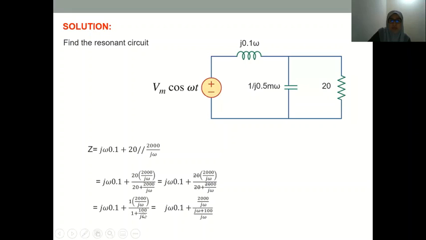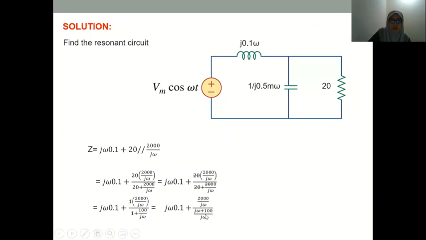Then you can cancel 20, and it will give you 1 plus 100 divided by j omega. You make it small by dividing all this term by 20. So you will get 2000 divided by j omega, divided by 1 plus 100 over j omega.